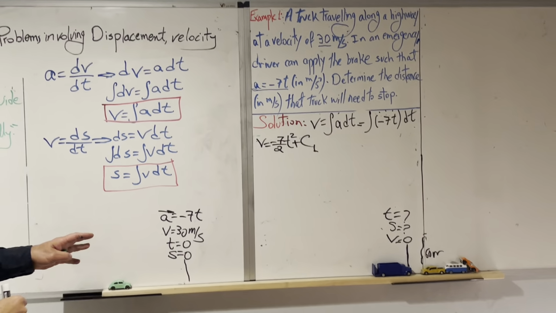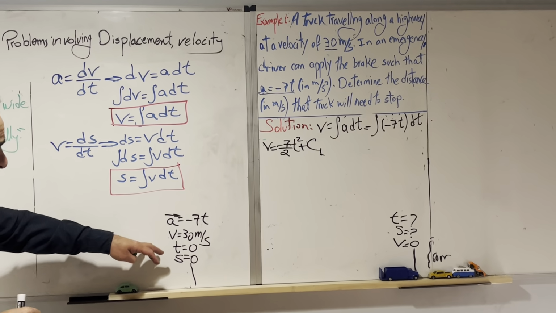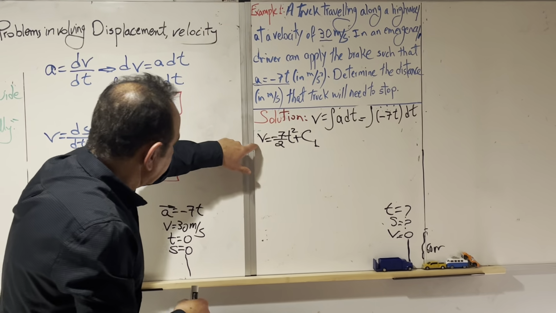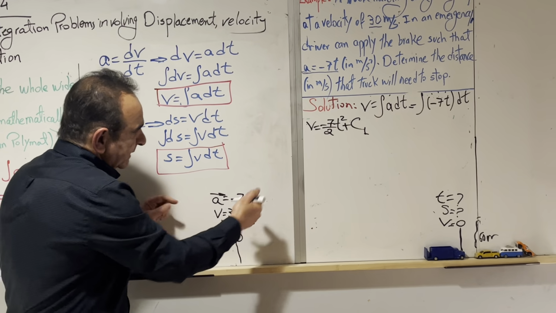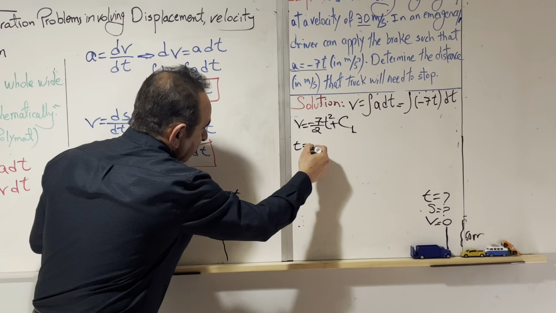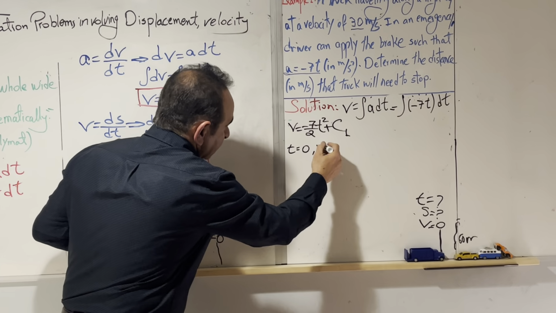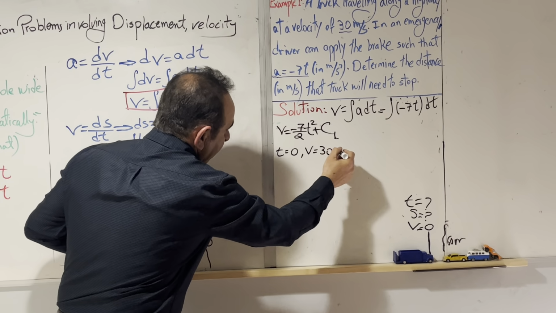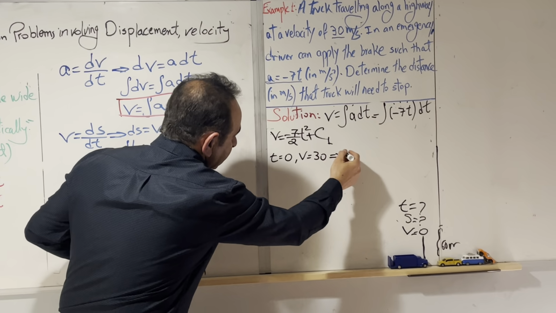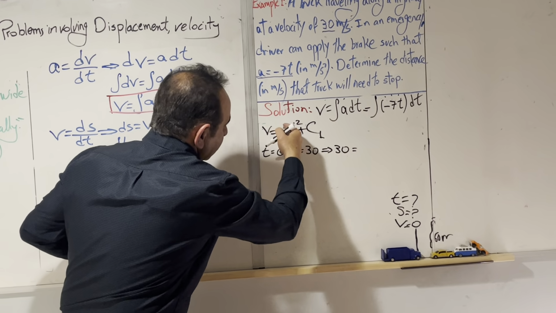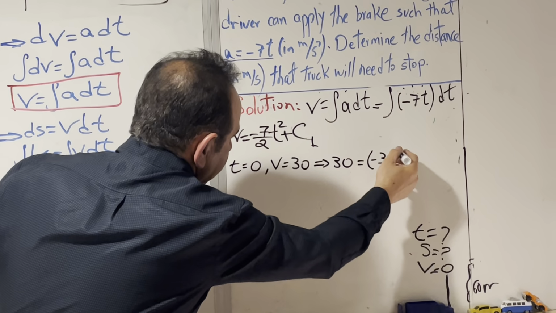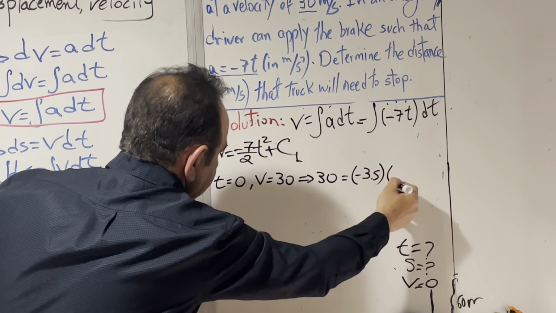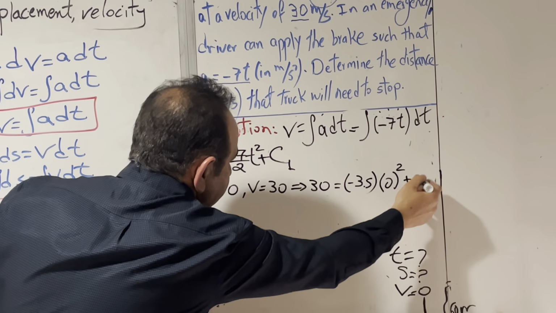We look at the given information we have at this point here. We have velocity, we have time. So we will get velocity and time. T is 0, V is 30, then 30 is equal to minus 7 over 2, which is minus 3.5, times 0 squared plus C1.